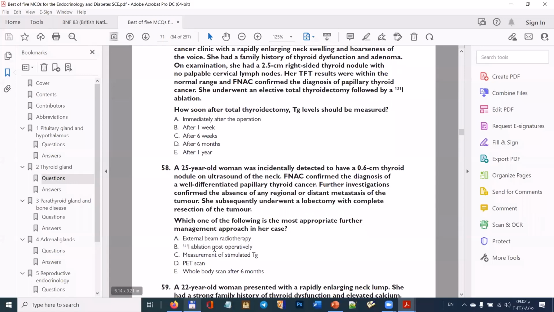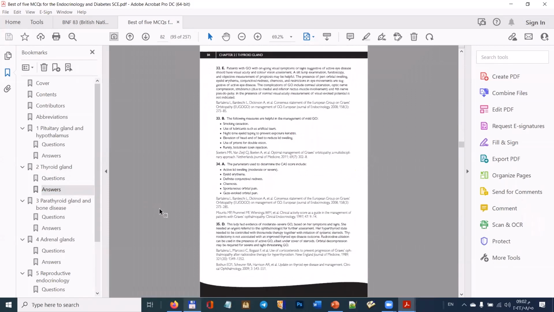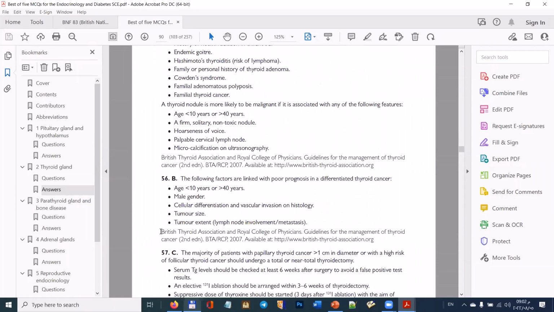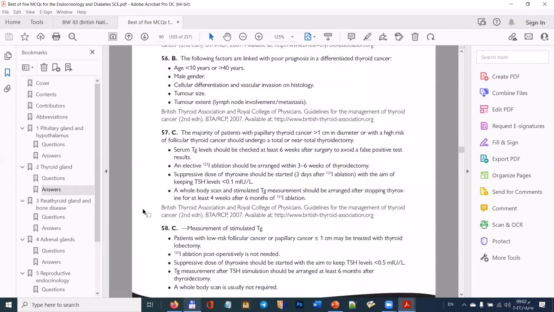External beam irradiation, measurement of stimulated whole body scan. I will show the answer to check it. There is a difference in the choices. Yes, because some of the questions in the first edition are different from the second edition.